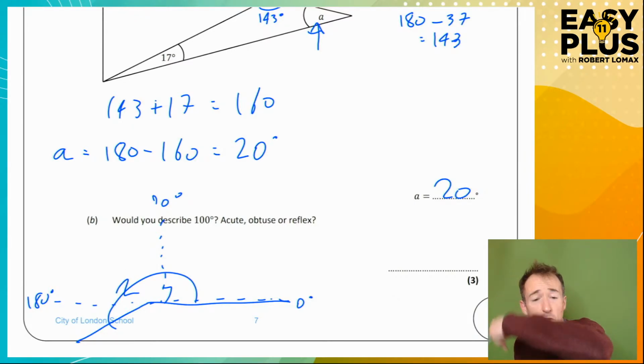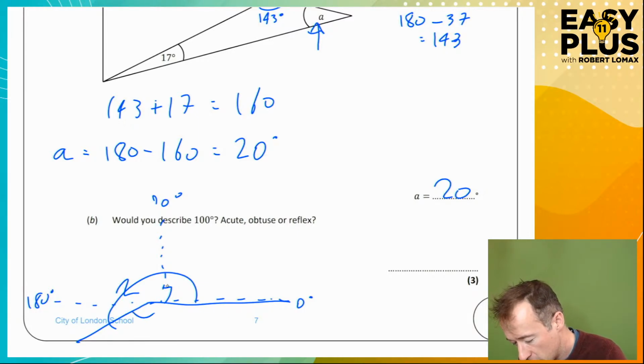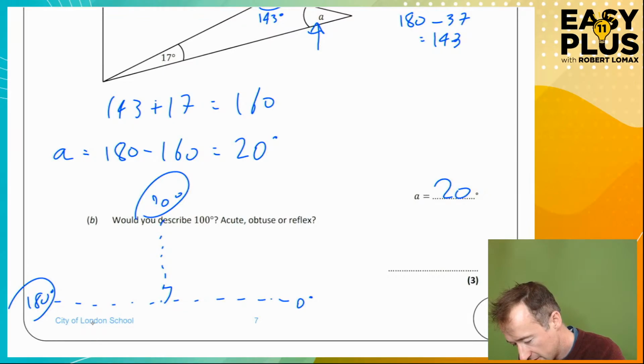So it goes all the way round past 180 degrees. It's an angle where you could take a shorter route. That's a reflex angle. 100 degrees, what's that? Well, 90 degrees is up here. 180 is here. 100 degrees is about there. So it's an obtuse angle.